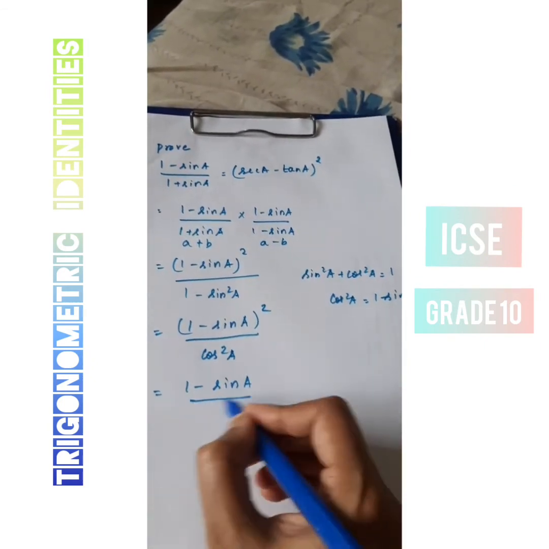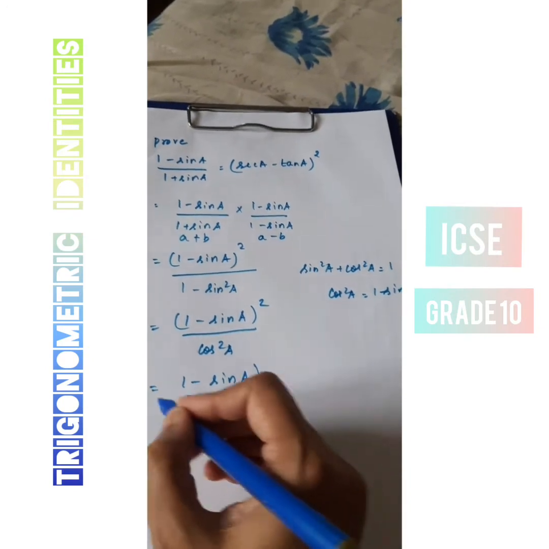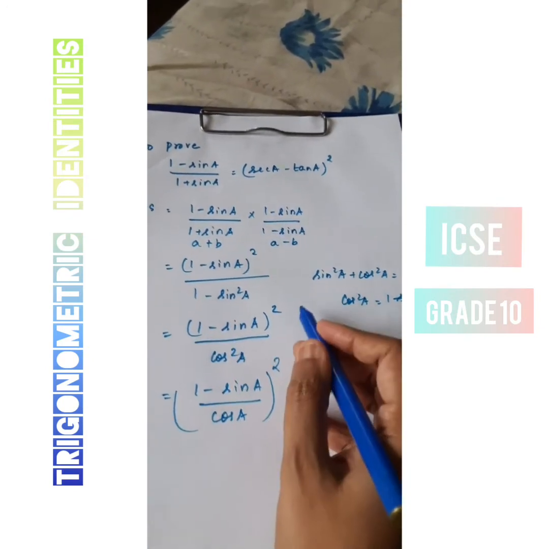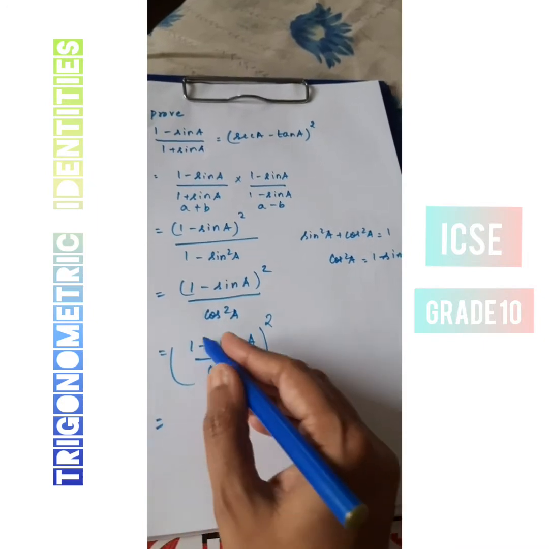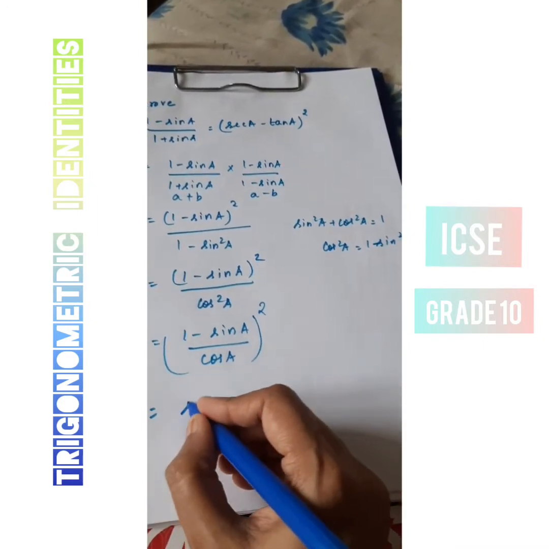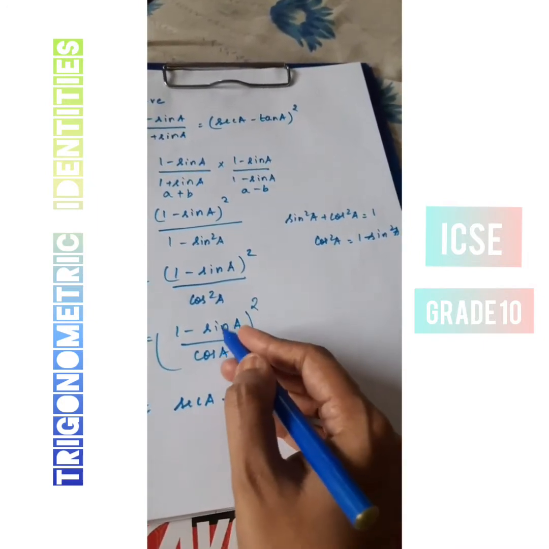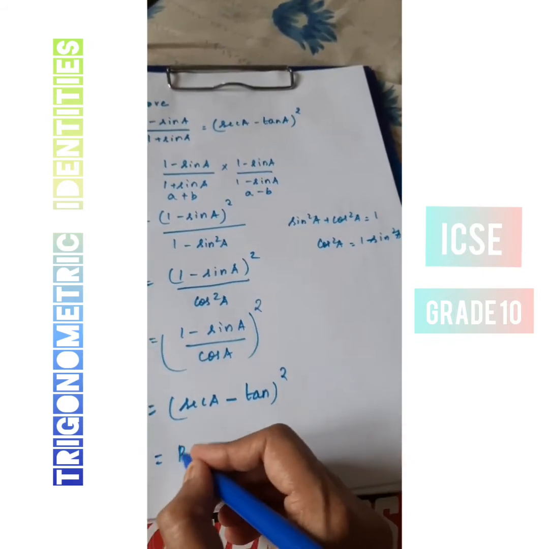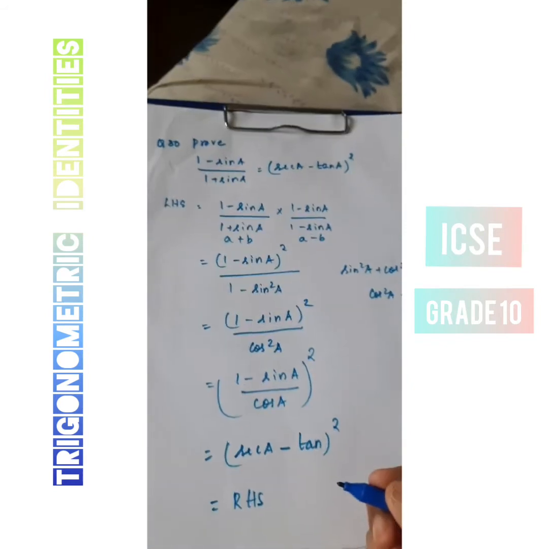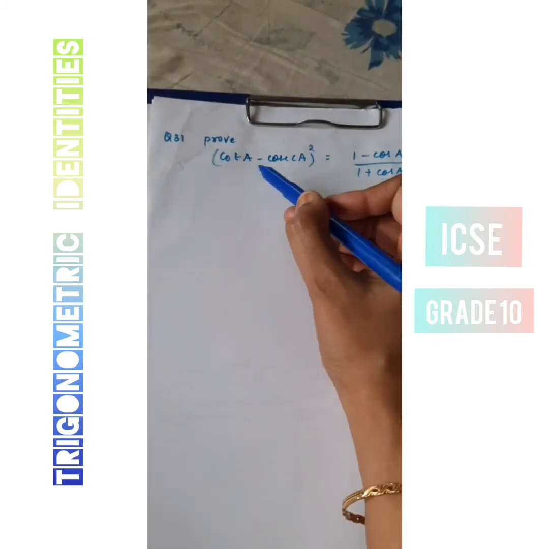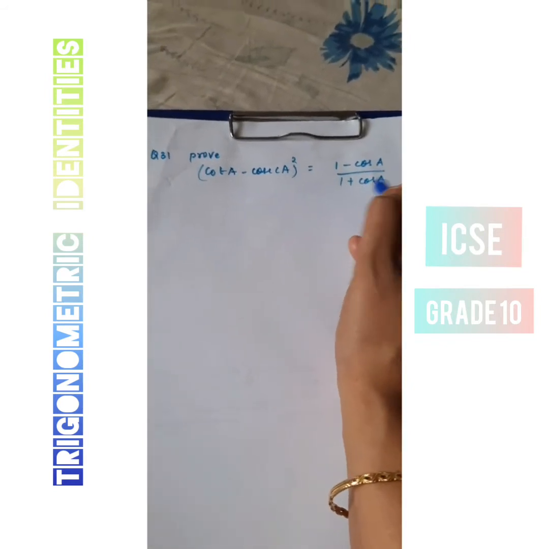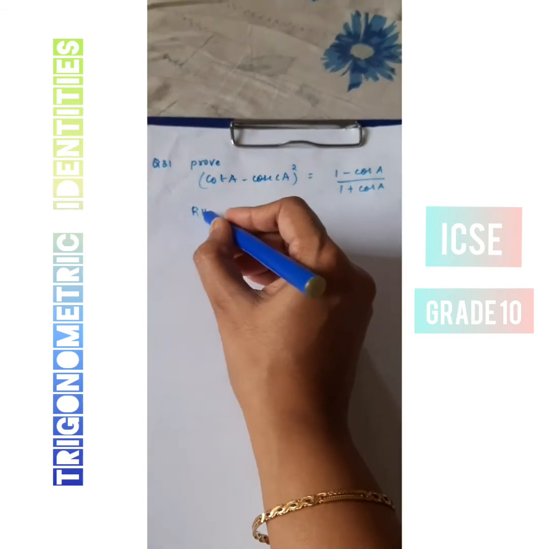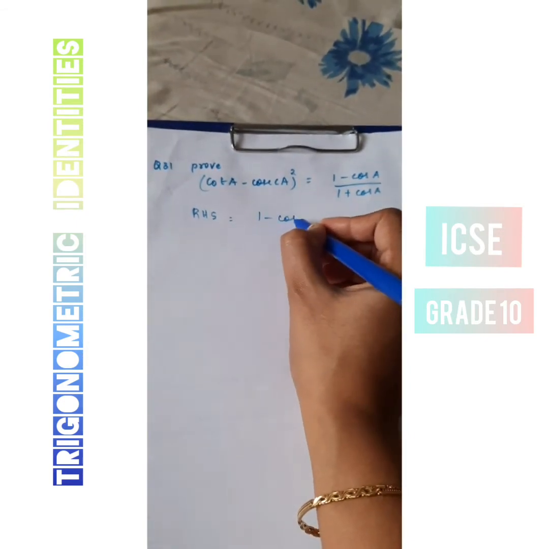So 1 minus sine A by cos A whole square, we can write the same thing. So 1 by cos A is secant A minus sine by cos is tan, whole square. So as per the RHS, we have to just rewrite it. Hence proved.